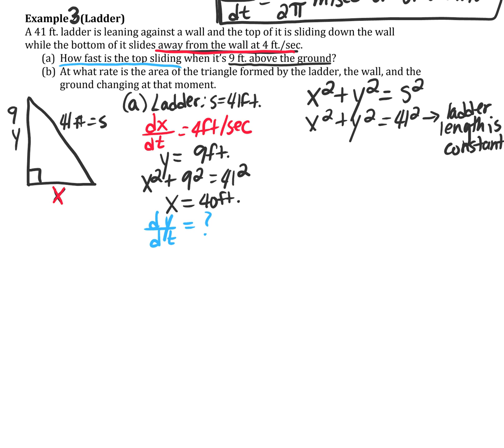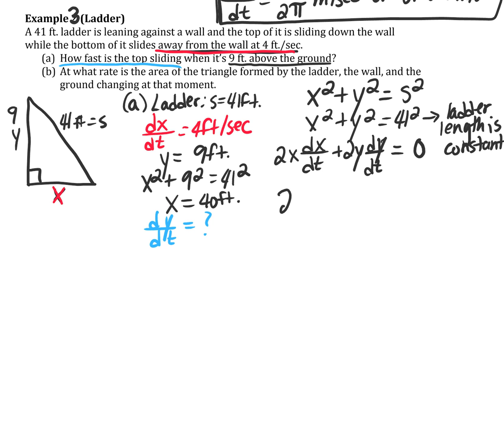All right, so we can use this formula to take our derivative. We'll do 2x dx over dt plus 2y dy over dt. Remember, for every variable, you're going to put that information, and then the derivative of a number is 0. And now we are able to plug in most of the stuff.